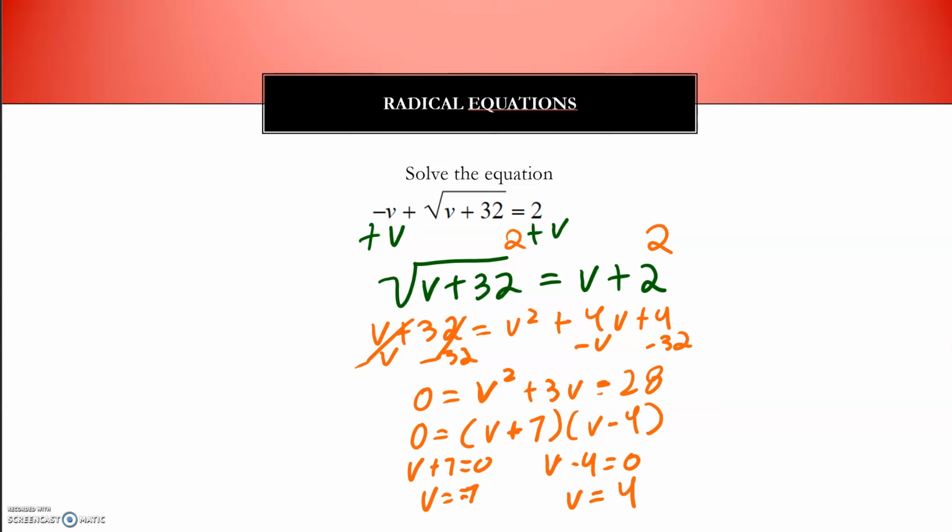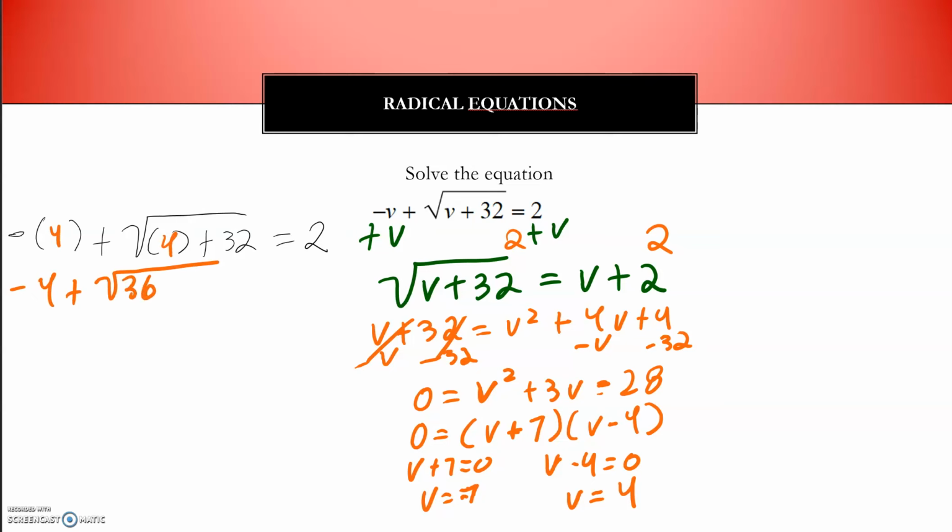So we would do negative v plus the square root of v plus 32 equals 2. We'll do this first with the 4. So we would get negative 4 plus the square root of 36 equals 2. Negative 4 plus 6 equals 2, which is valid, so that's good. Let's do it again with the negative 7.